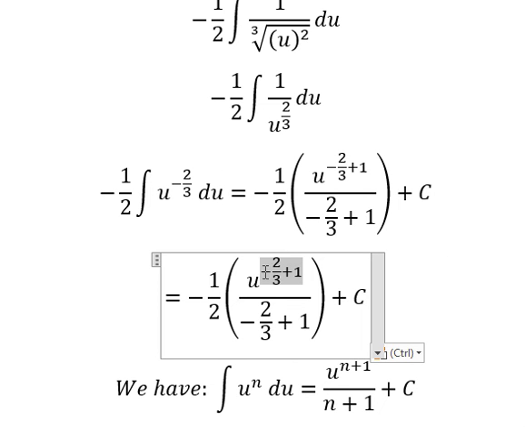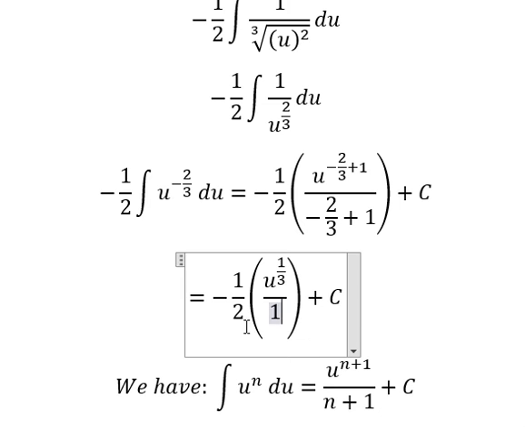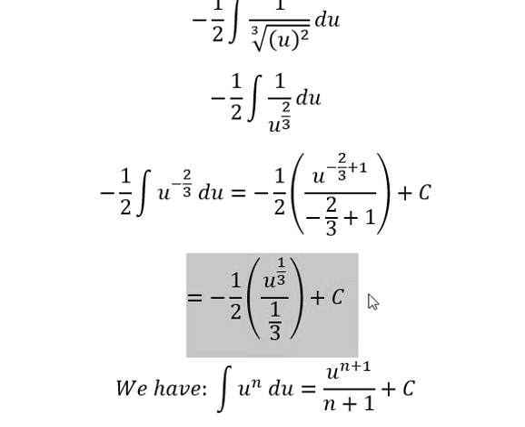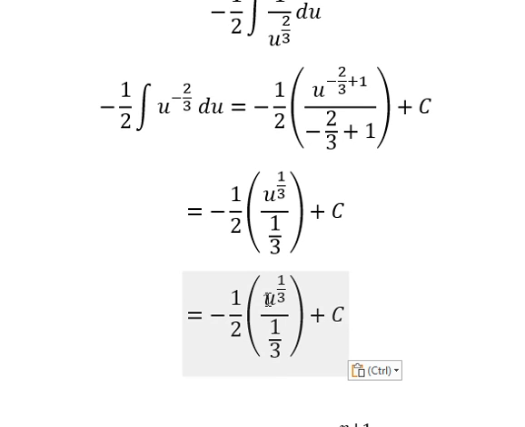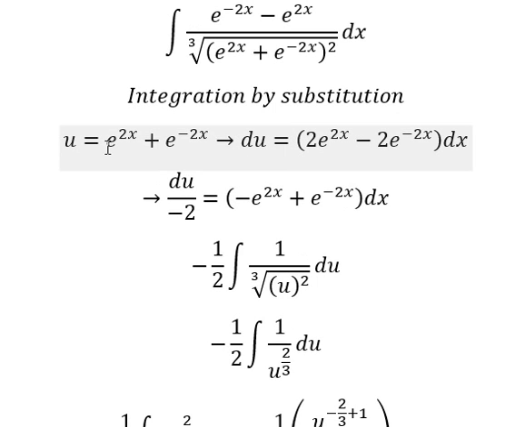So this one we have 1 over 3. This one we have 1 over 3. About u, that is about this one.